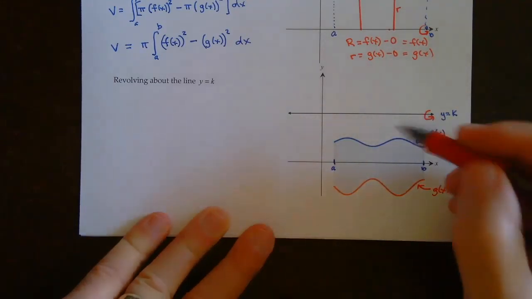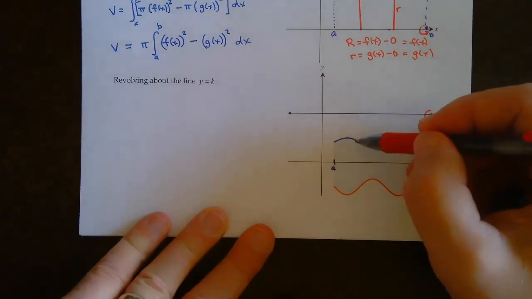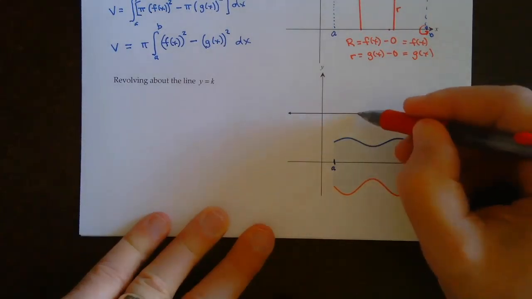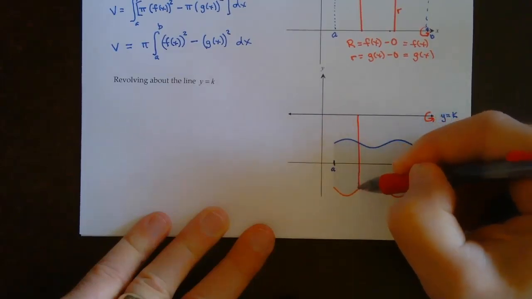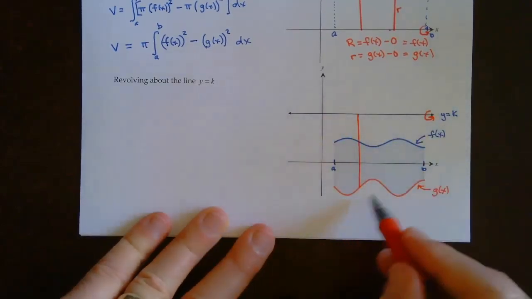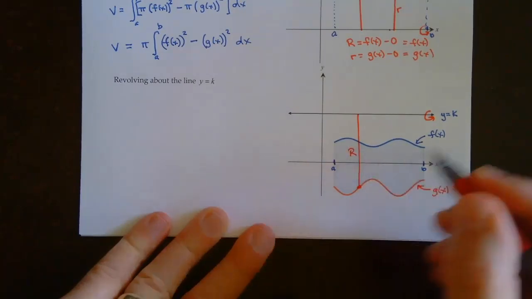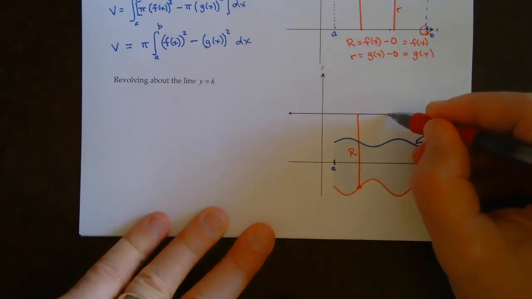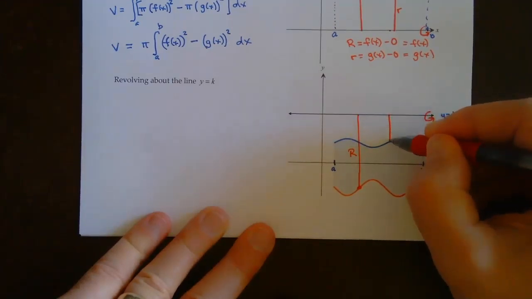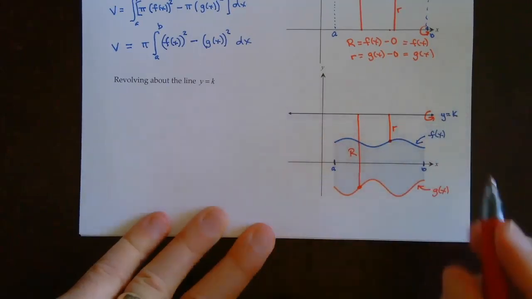So if I draw from this, for the big radius, I'd have to draw all the way to g of x, okay? To the one furthest away. That's my outer radius, okay? That's my big R. Okay, my inner radius is to the closest one. So I'm going to come and go straight down to this, all right? And that's going to be my little r.